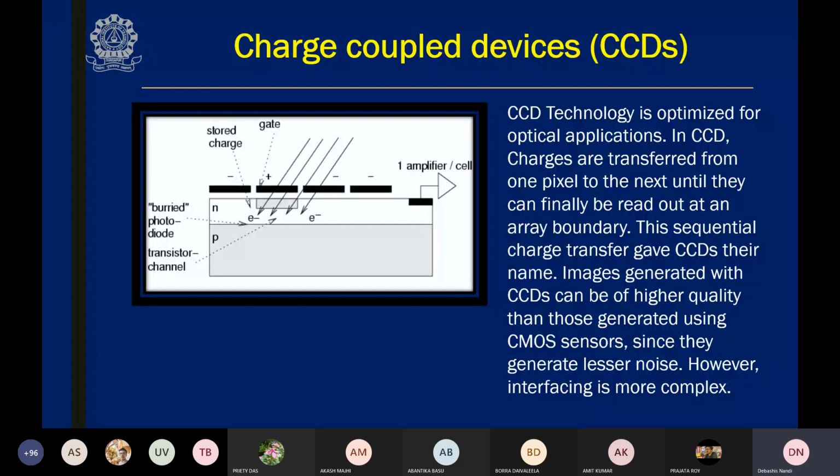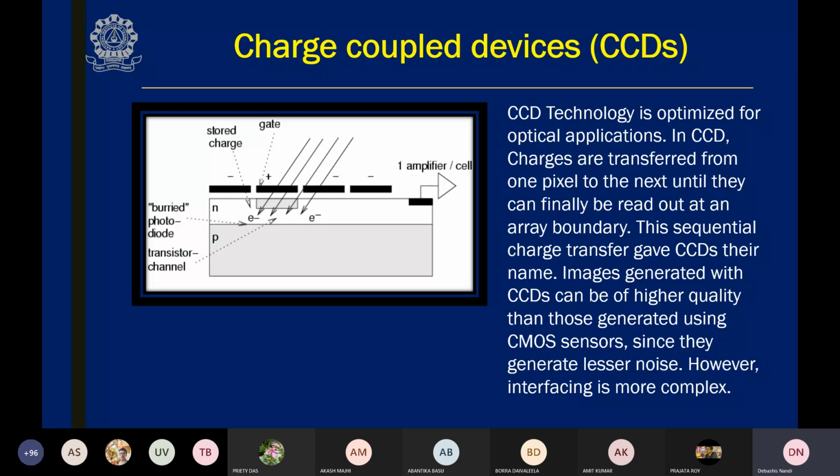So it will go from left side to right side, and on the right side some boundary is there, for example, and the charge will flow from the left side capacitor to the right side capacitor within the CCD. This also uses some type of IC fabrication mechanism, and here in the silicon substrate, different capacitors are fabricated.